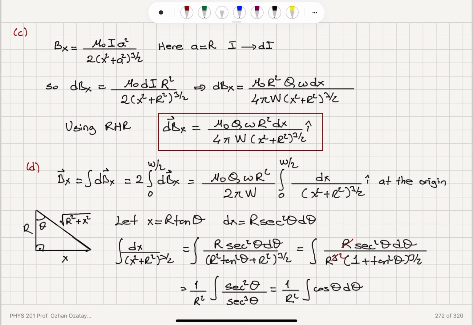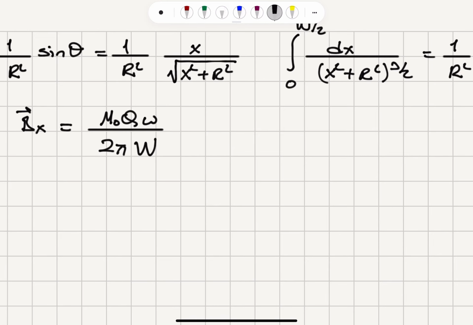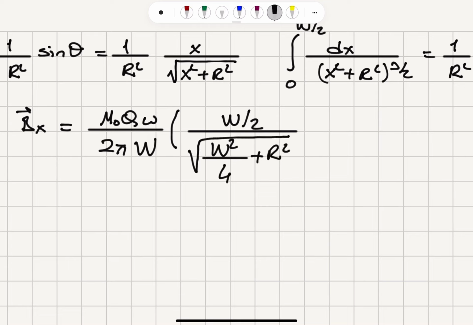There was an R squared, but that R squared cancels with this R squared, so it's just this one. Then I evaluated this at x equals w over 2: w over 2 divided by the square root of w squared over 4 plus R squared, minus 0, in the i hat direction.